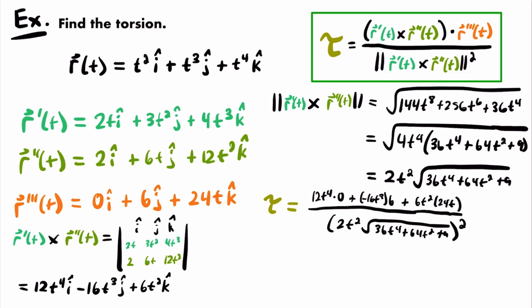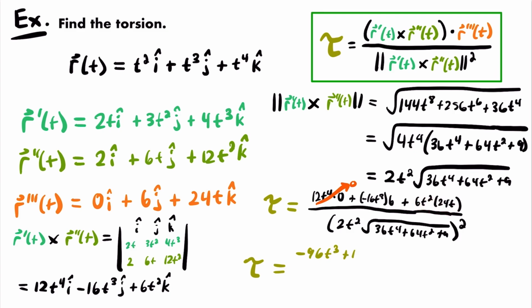All right, now simplifying, the torsion will be equal to the simplification of this expression. Anything times 0 is 0, so we can cross that out. Then negative 16 times 6 is negative 96. So in the numerator, we have negative 96t cubed, and then you're adding 6t squared times 24t. 6 times 24 is 144. T squared times t is t cubed.